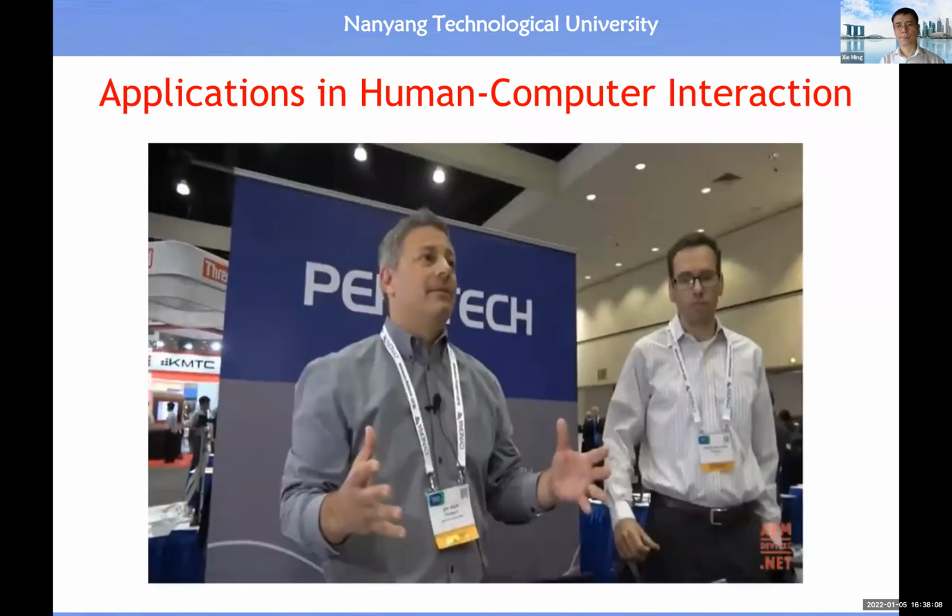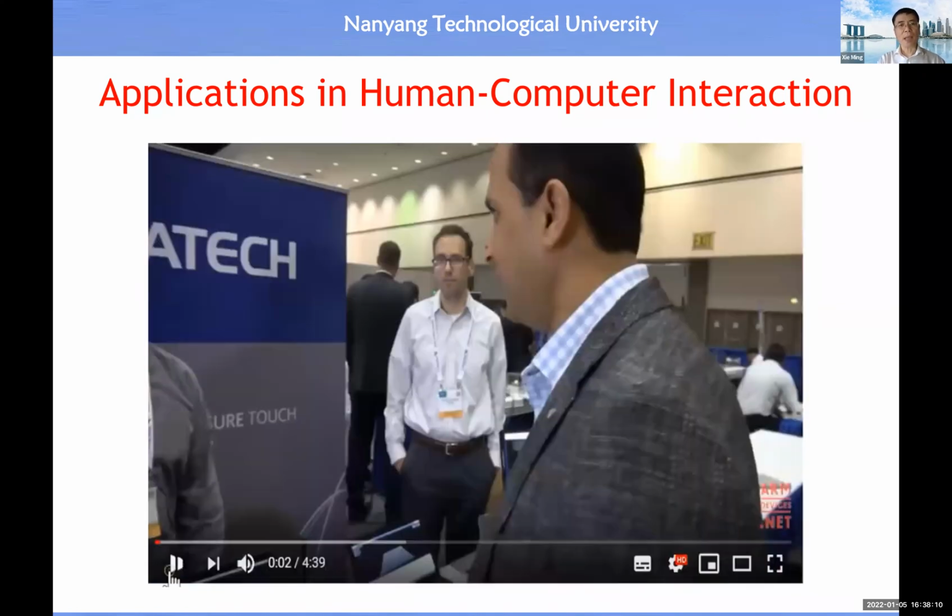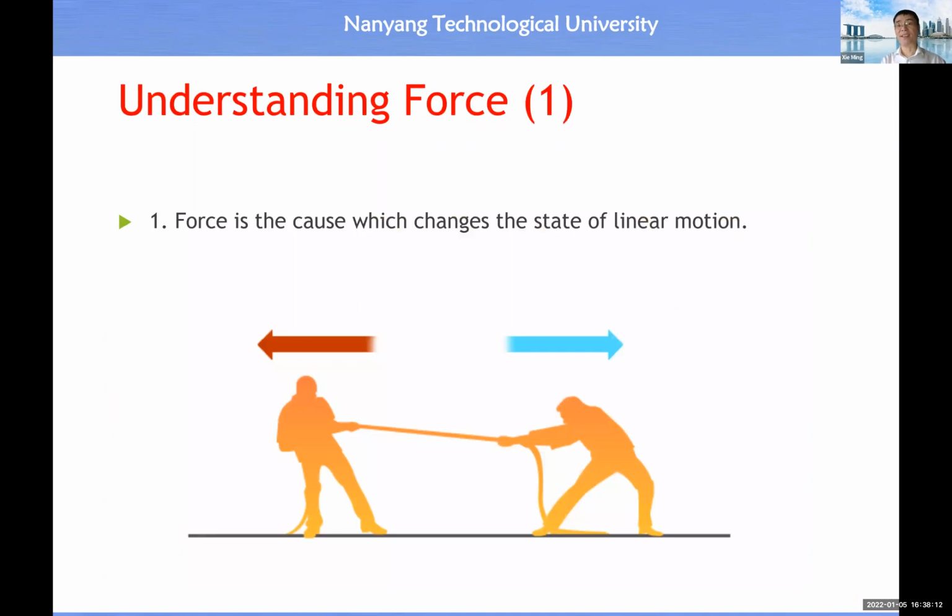Got it. So it is very important to have force in order to support many applications. Now we quickly go through the physics behind the force. The first knowledge for you to know is about the change of the state of linear motion.